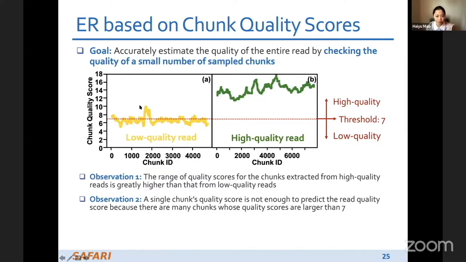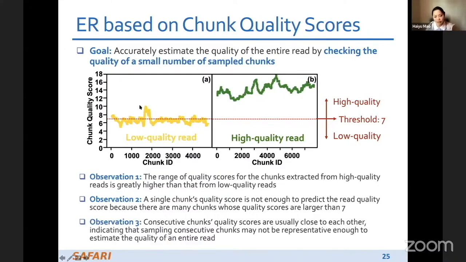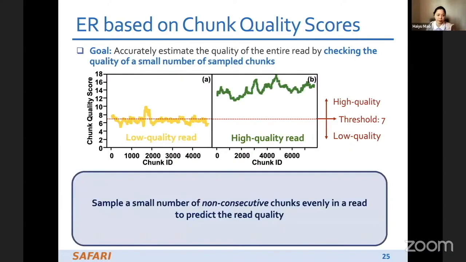The third is that consecutive trunks' quality scores are usually close to each other, which indicates that sampling consecutive trunks may not be representative enough to estimate the quality of entire reads. That's why we propose to sample a small number of non-consecutive trunks evenly in a read to predict the read quality.